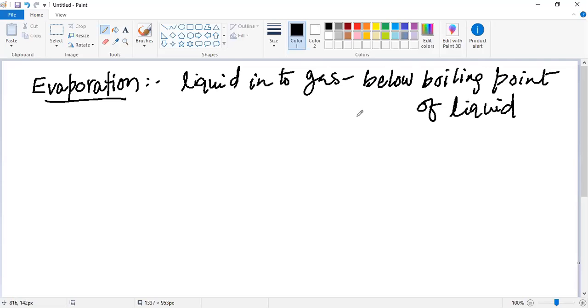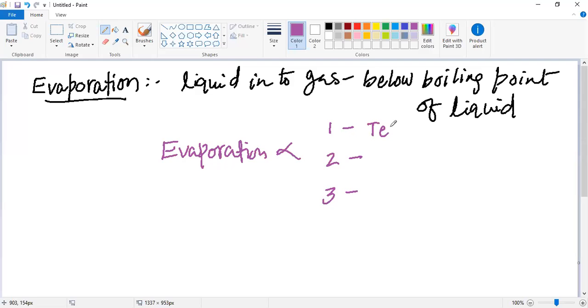There are various factors that affect evaporation. So evaporation is directly proportional to three things. Can you tell me which are those three things to which evaporation is directly proportional?